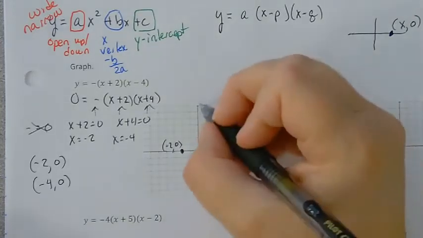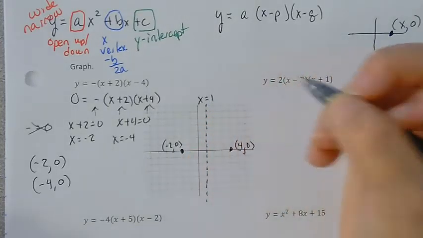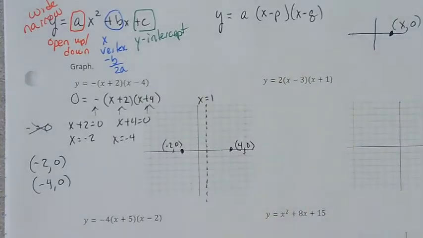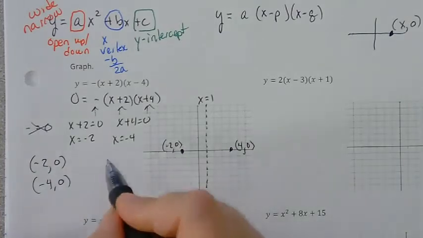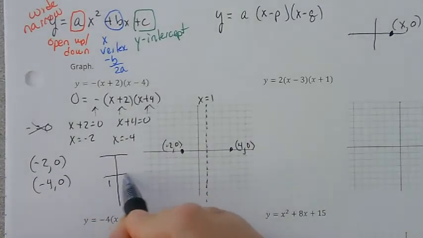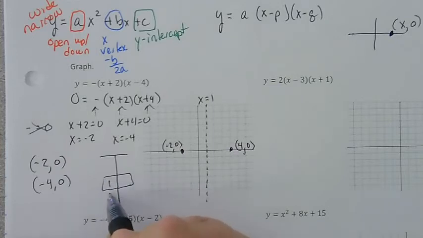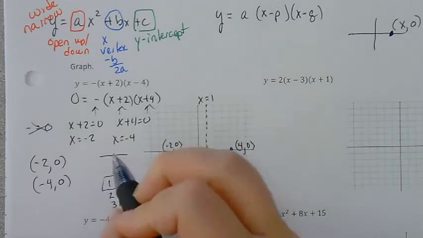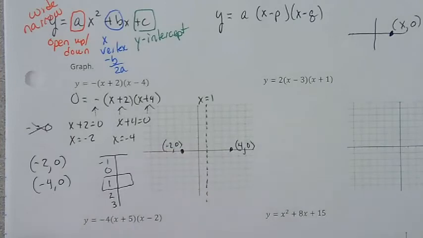So the axis of symmetry is at x equals 1. That means my vertex lies along that line somewhere. So I know that the vertex of this happens at 1 something, and then there'll be points on each side. I just have to find out what that something is.